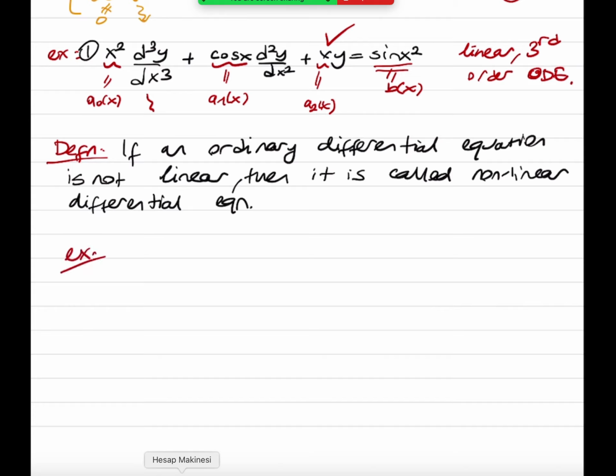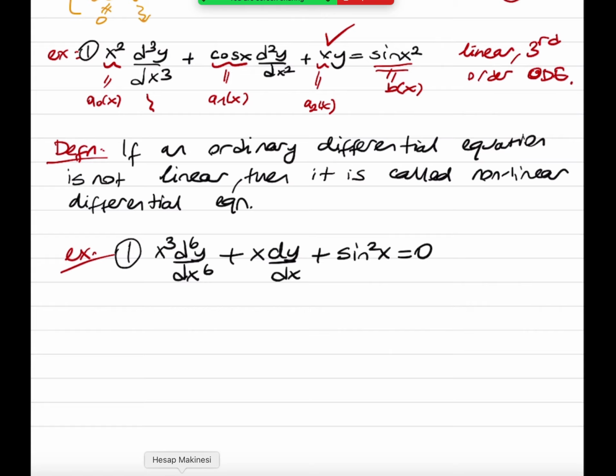Okay, let's continue giving examples. Let's look at this one: the sixth derivative plus x times dy over dx plus sine square x is equal to 0.